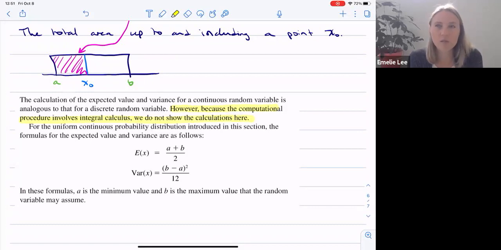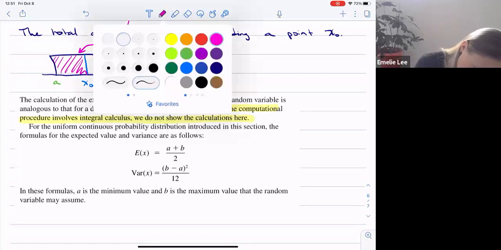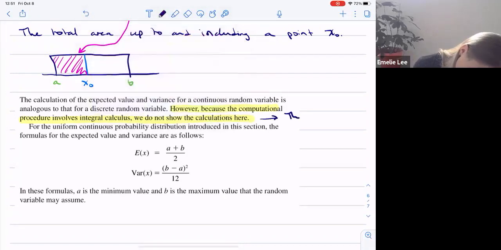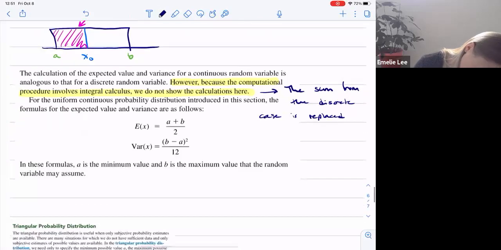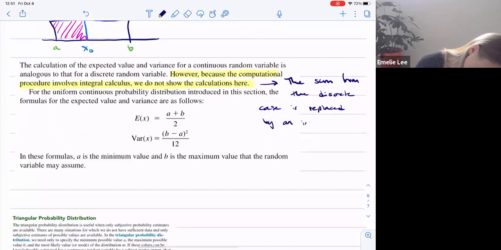But just know it is possible to find the expected value and the variance of any random variable. It does follow the same procedure, except now, instead of a sum, the sum from the discrete case is replaced by an integral.